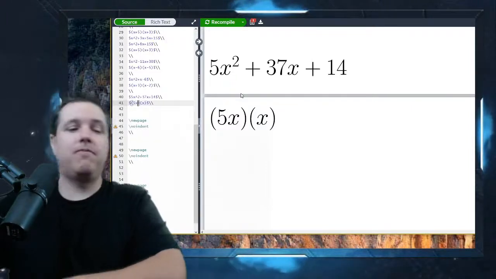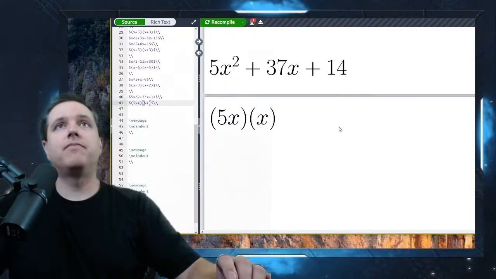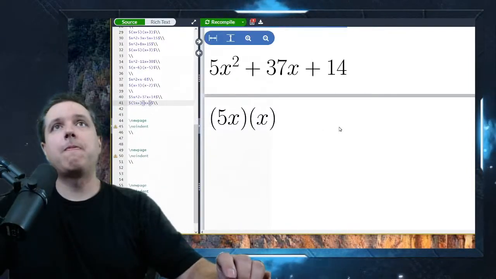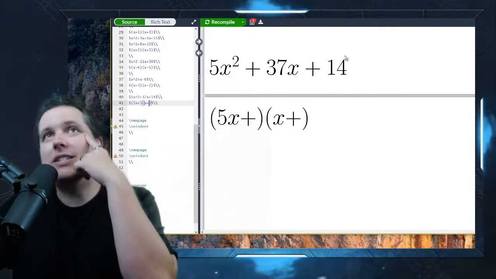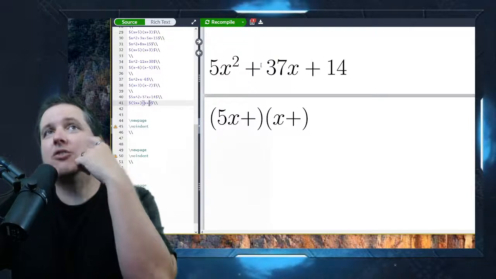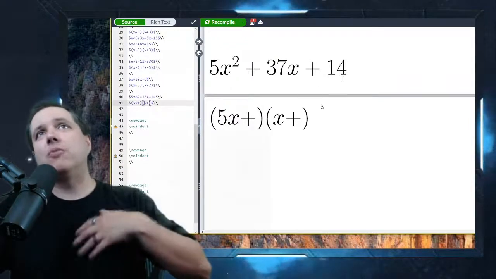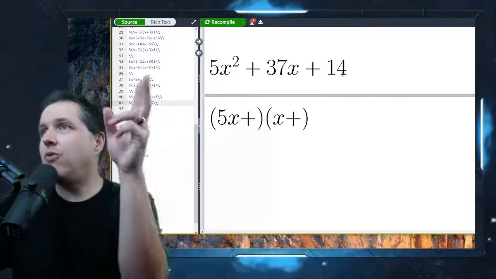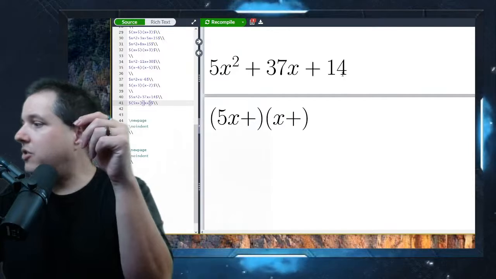So I'm going to go plus, plus. Now I have to figure out what goes in here. But again, it's not what multiplies to 14 and adds to 37 because this 5 is going to mess things up. So we still want things that multiply to 14. So it's either 14 and 1 or 7 and 2. I'm guessing it's not 7 and 2.